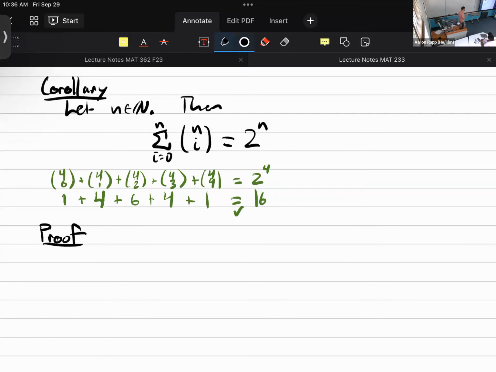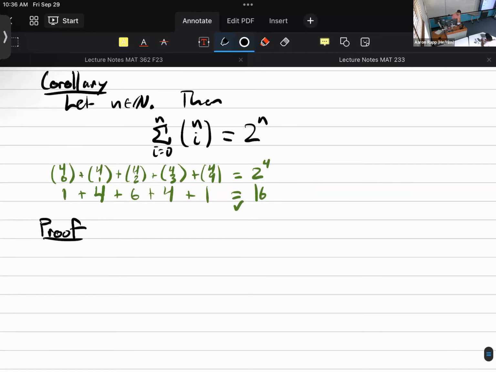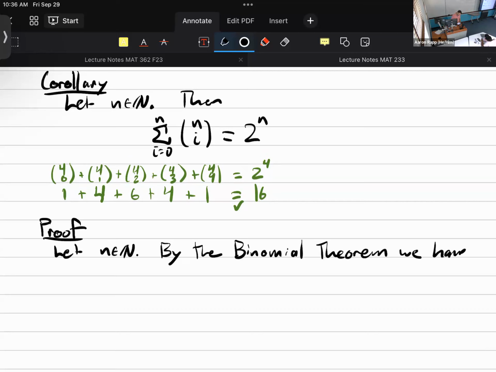All this proof requires us to do is to be clever about the choice. We're going to let n be a natural number. And by our binomial theorem, we're going to have 2 to the nth power.